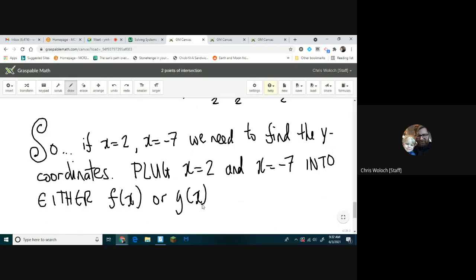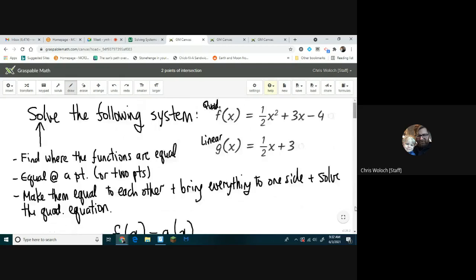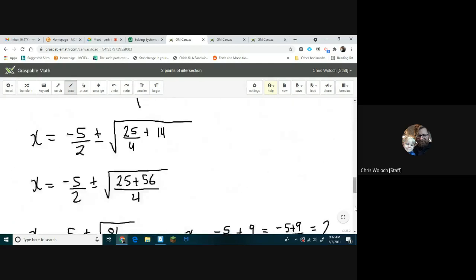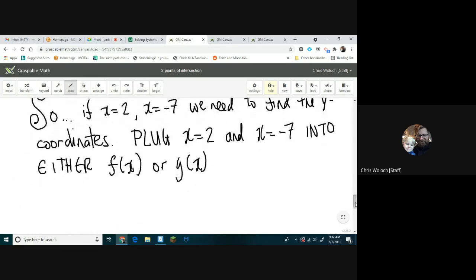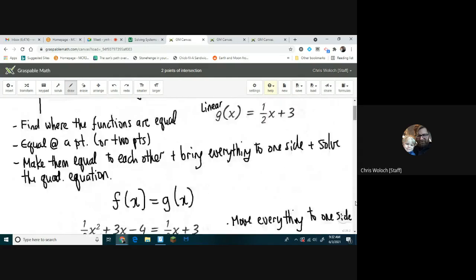So it doesn't matter which one I pick to get the y value. So if we look up quickly, g of x, it's a smaller one, so let's just use g of x. Okay, so I have g of x equals 1/2 x plus 3, right? I think that's what it is. Yeah.